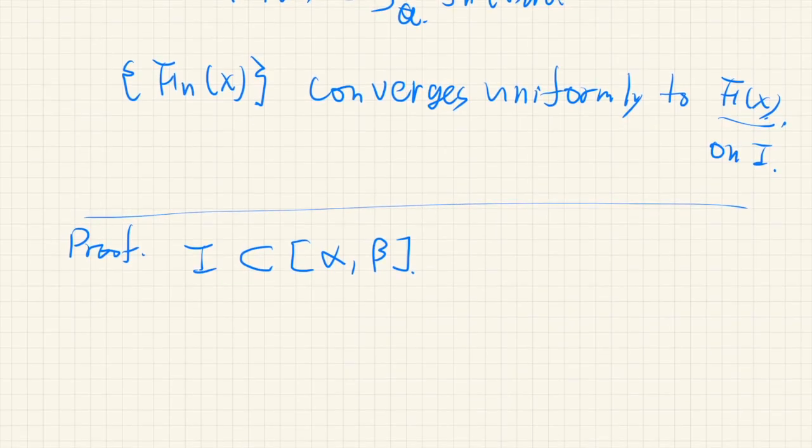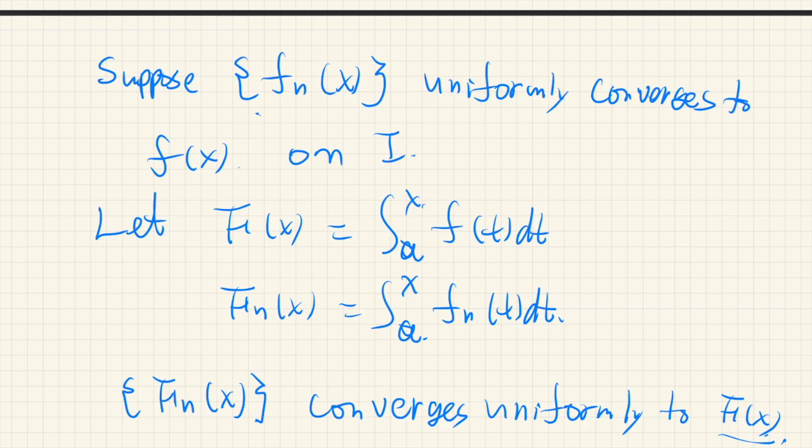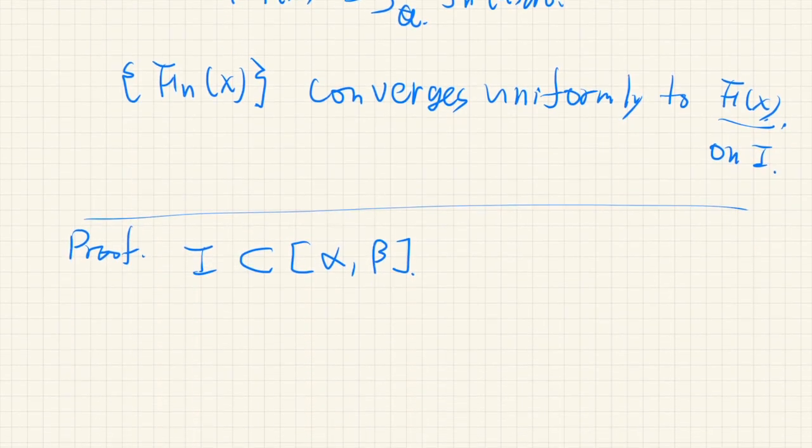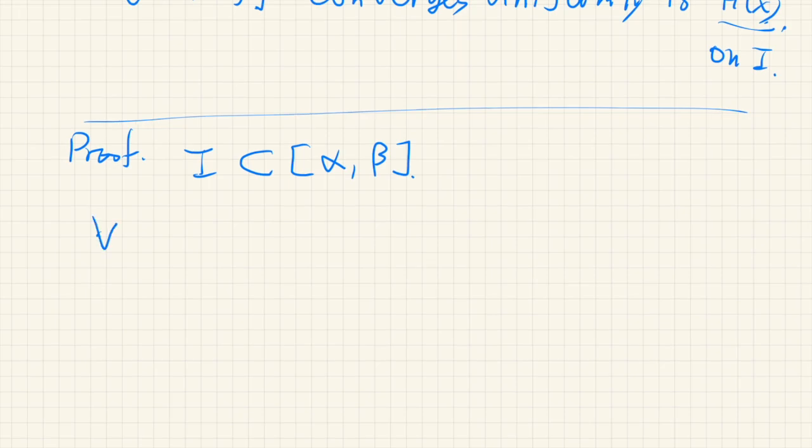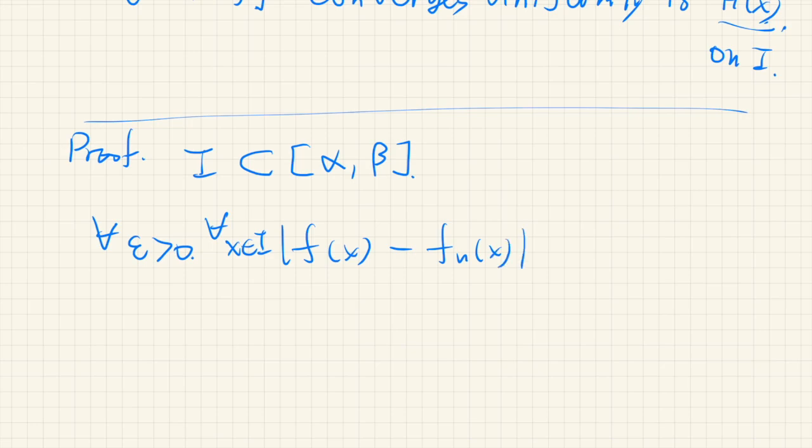By assumption, this sequence converges uniformly to f of x, so for any positive epsilon, for all x of course, the difference between f of x and fn of x can be made less than epsilon over beta minus alpha.